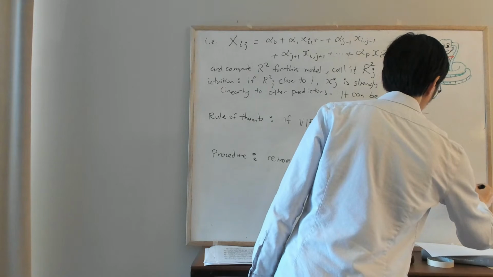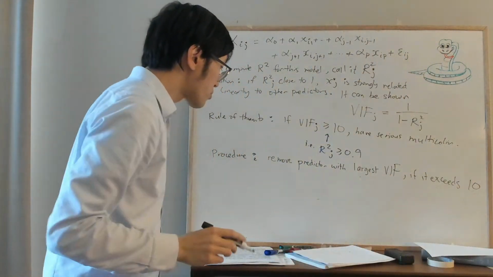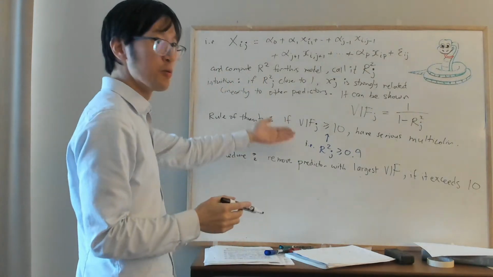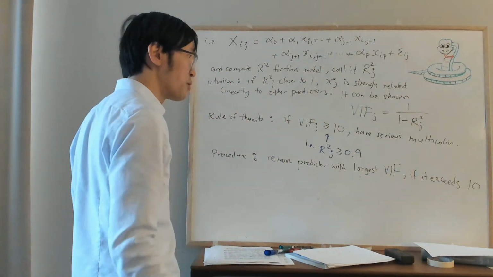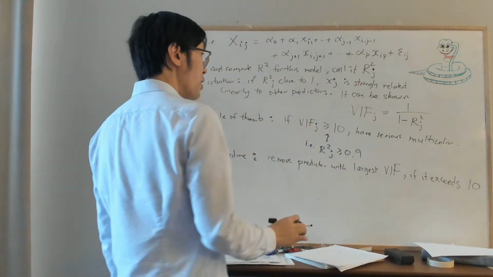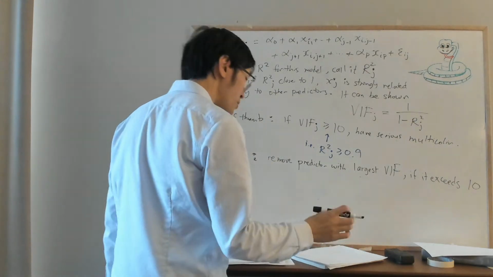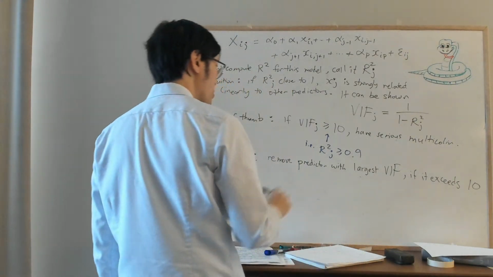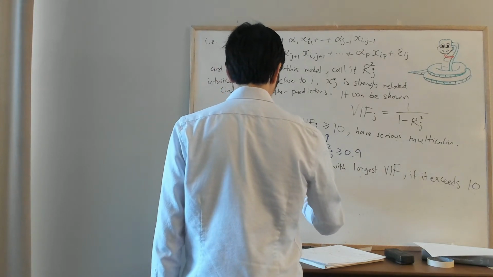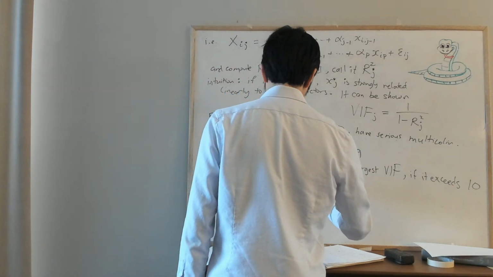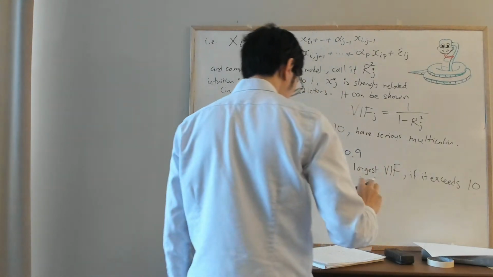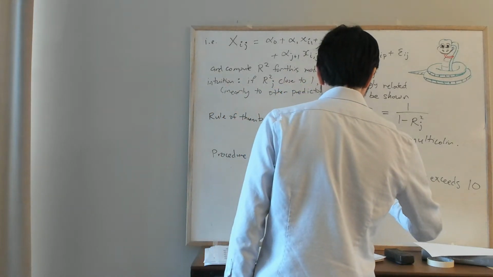Then we take it out, fit the model again, calculate the new VIFs with one less variable, and continue until we don't have any more seriously multicollinear variables in the model. So we repeat until no more multicollinearity.